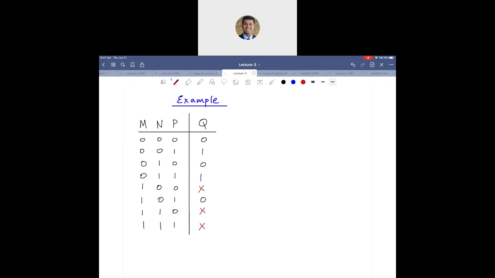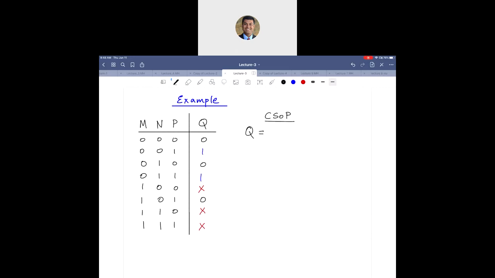Now my goal is to write Q in various forms. So how can I write Q in a complete expression? CSoP. Complete expression CSoP. Where are the ones? In row 1 and row 3.